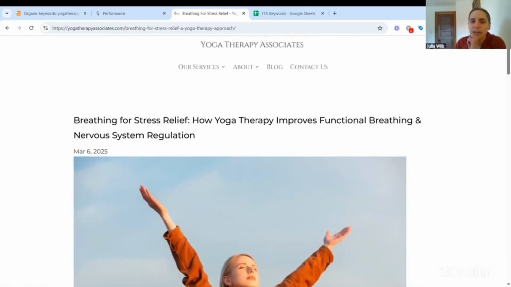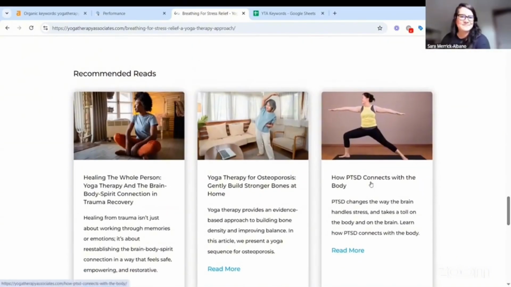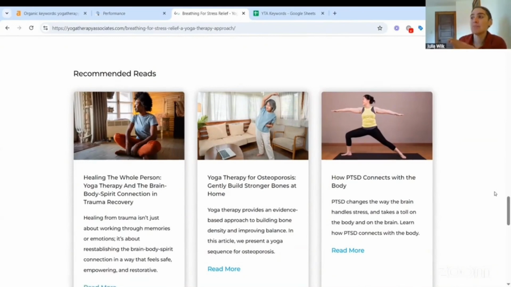I think stress relief has wide appeal. It could be people who are just stressed at their jobs right now. They don't necessarily have PTSD, or wouldn't consider themselves recovering from trauma. But I know you have many posts that are a deep dive on a specific breathing technique, or a certain strain of yoga and how it works with the breath.